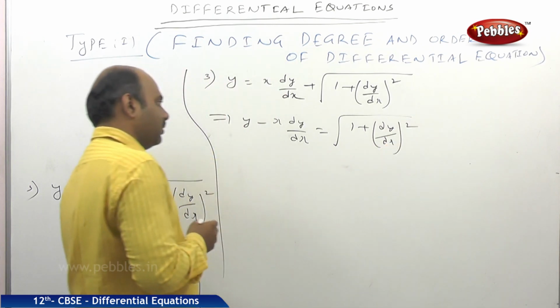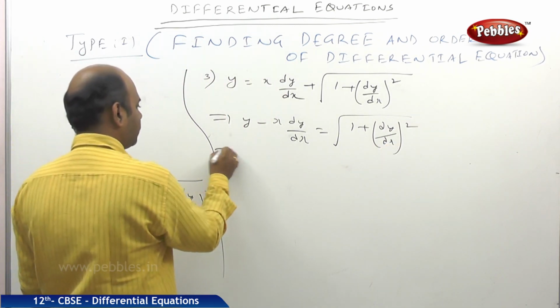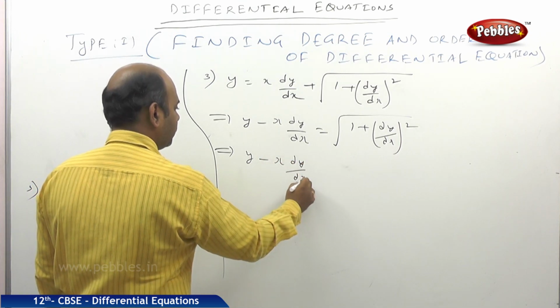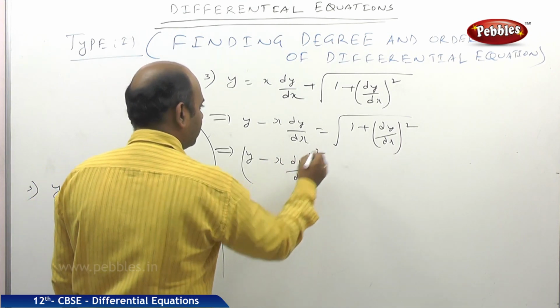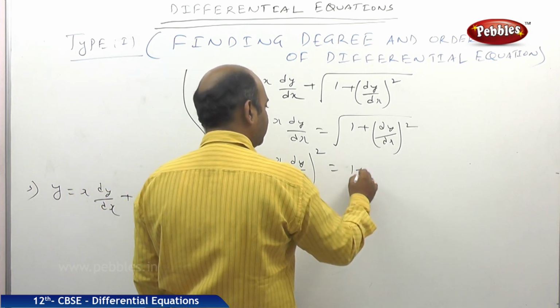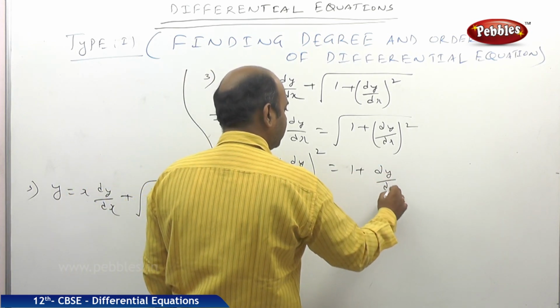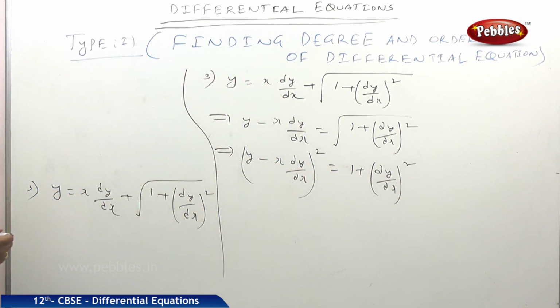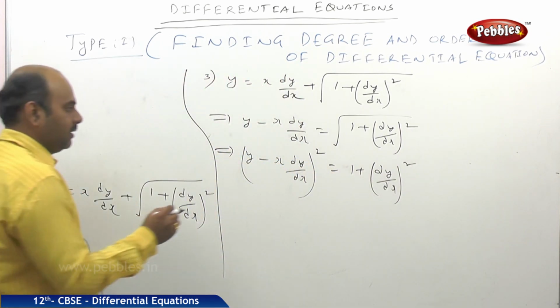Squaring on both sides, (y minus x into dy by dx) whole square is equal to 1 plus (dy by dx) whole square. Now I think it is (a minus b) whole square. So what happens?